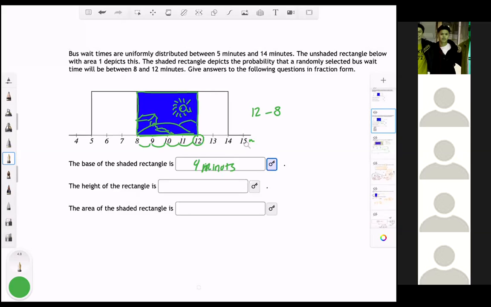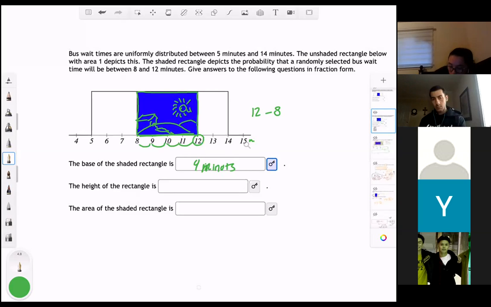All right, the height of the rectangle. What is the height? Is it 1/9? So in order to solve for height, we have a formula: A equal to base times height. Area is 1.